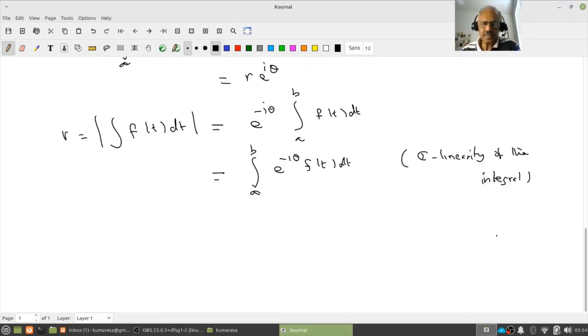Now notice that this is supposed to be a complex number, but is actually equal to r. Therefore what is this? This is the real part of this complex number. Do you understand this? This is some complex number, call it alpha or whatever, but that alpha happens to be r, therefore the real part of that is equal to r. Therefore this is equal to the real part of the integral from a to b of e power minus i theta f(t) dt.